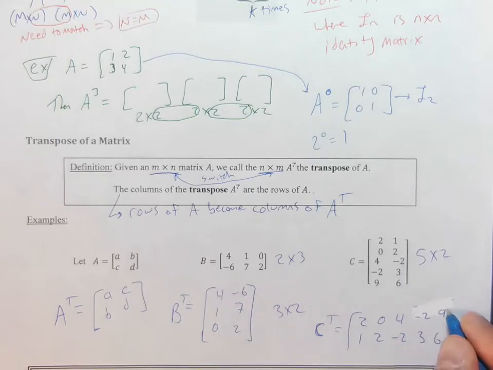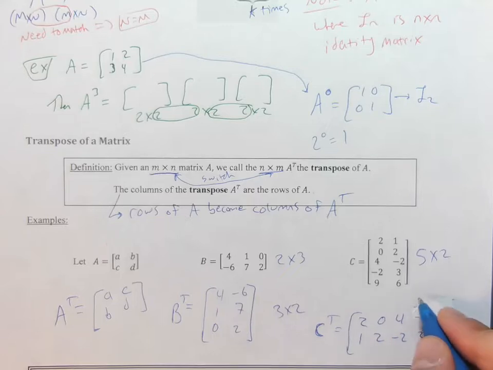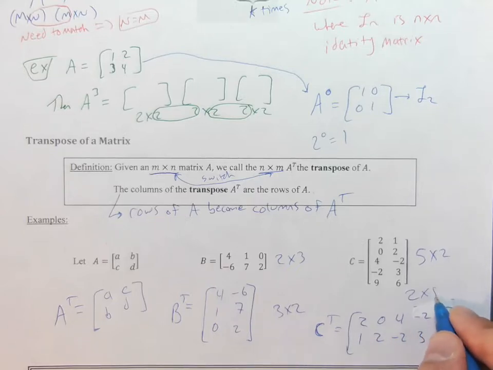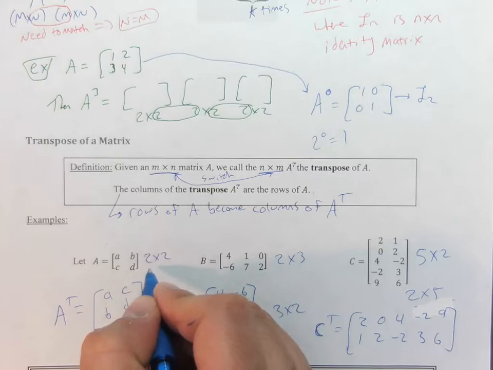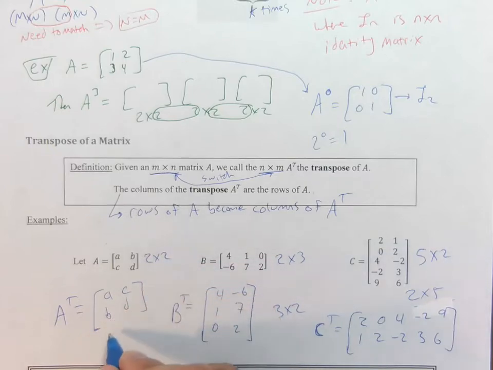Row 5 becomes column 5. And you can see we end up with a 2 by 5. Okay. Now in the first one, right, it started out as a 2 by 2. And then when you do the transpose, those numbers switch, but it's still just 2 by 2. So I didn't mention that one just because the dimensions don't change. Okay.